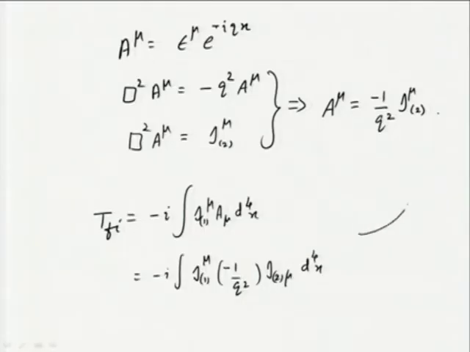That is, there is a j1 mu interacting with another current j2 mu.